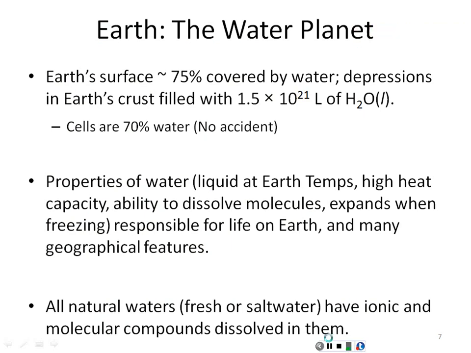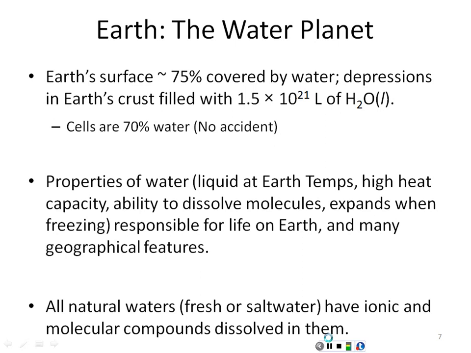Earth is covered, approximately 75% of its surface, by water. And if you want to see a very large number in nature, the amount of water on Earth is about 1.5 times 10 to the 21st liters. It's an enormous amount of water.